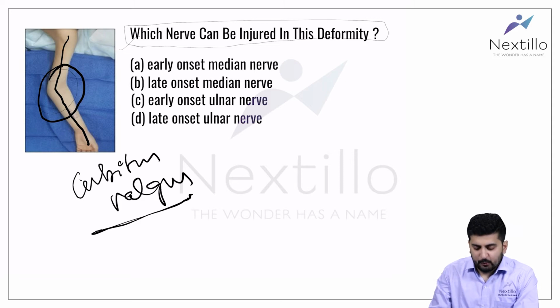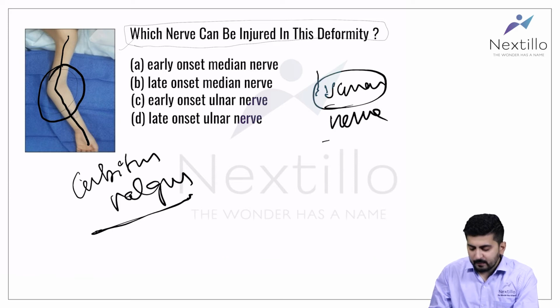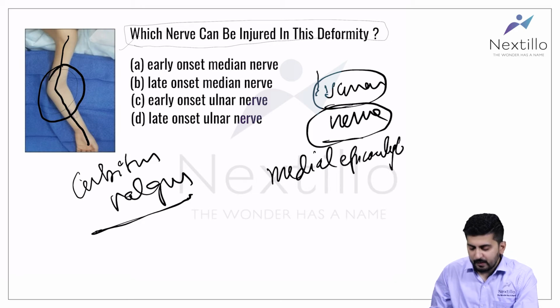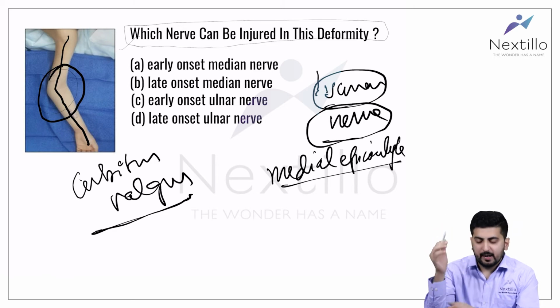So this is a cubitus valgus deformity. Now if you can remember, the ulnar nerve crosses the medial epicondyle. The ulnar nerve passes behind the medial epicondyle.